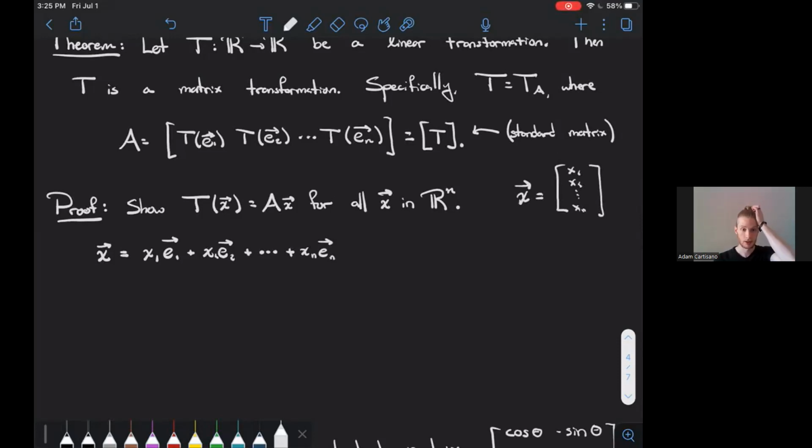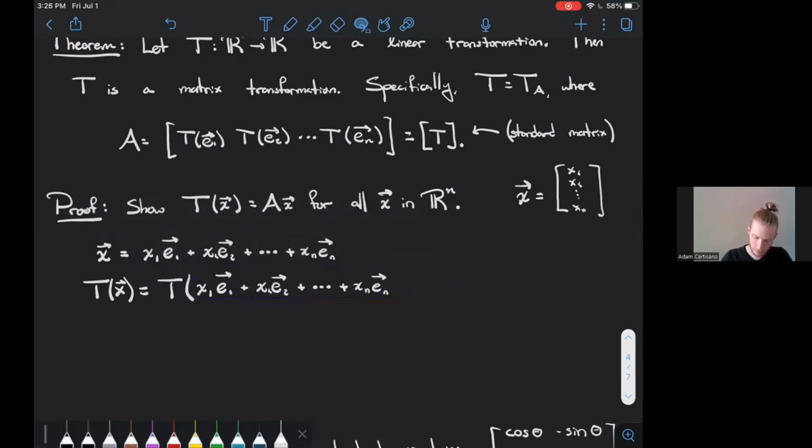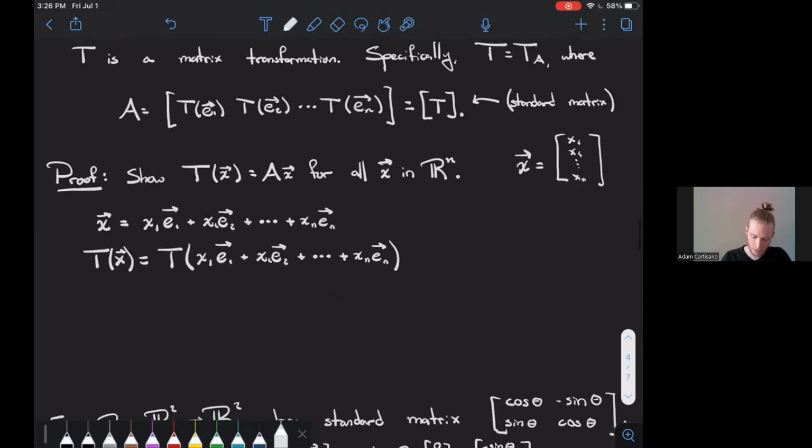Okay. So now, what is T of x? Well, T of x is literally just T of this thing. In fact, let's just copy paste it. But T is a linear transformation, which means it respects linear combinations.